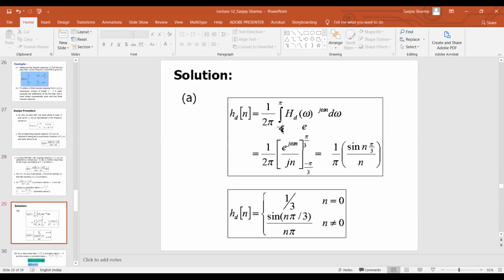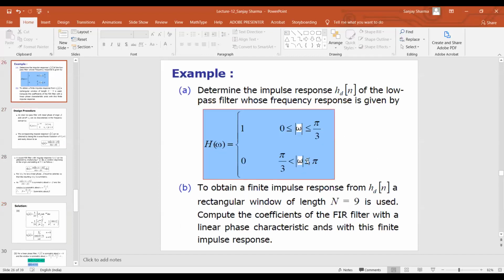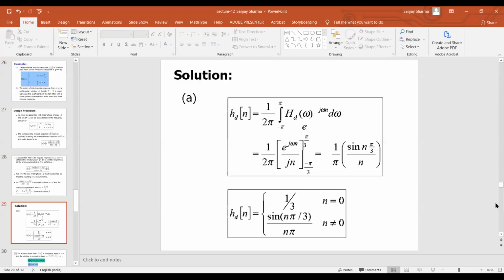You change the limits of this integral from minus pi by 3 to pi by 3 and solve it. What you get is the infinite impulse response of this given filter. The impulse response is 1 over pi sine n pi by 3 divided by n. And if I put n equal to 0, it comes out to be 1 by 3.